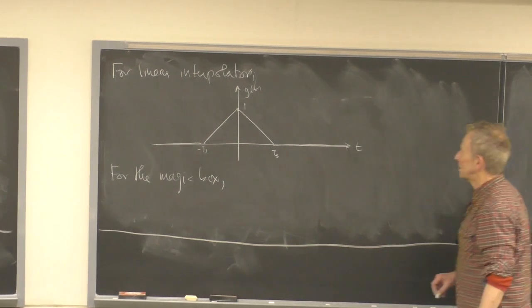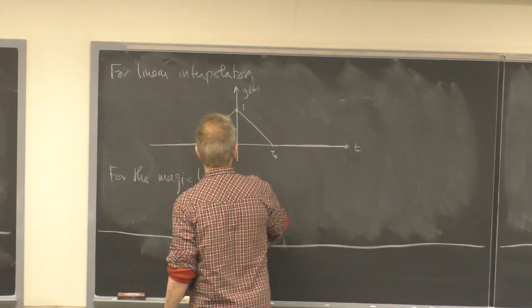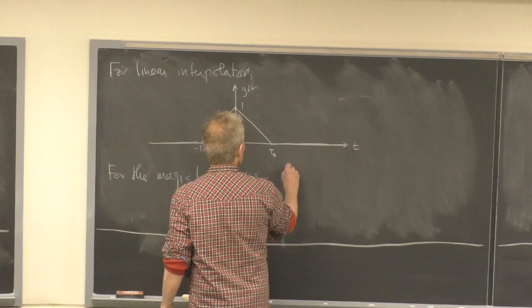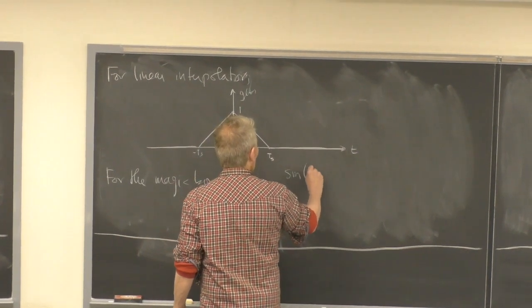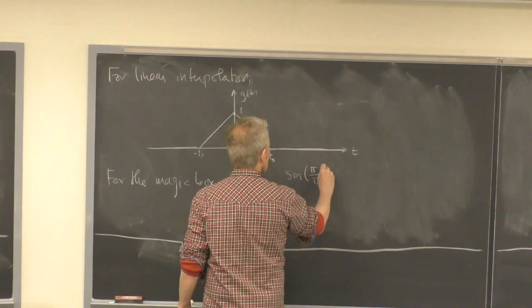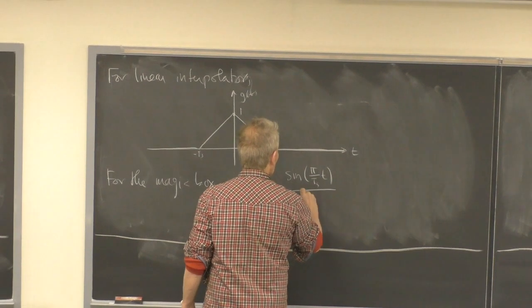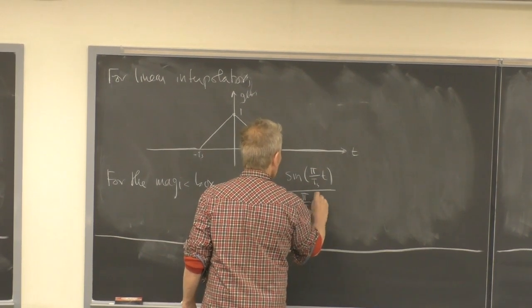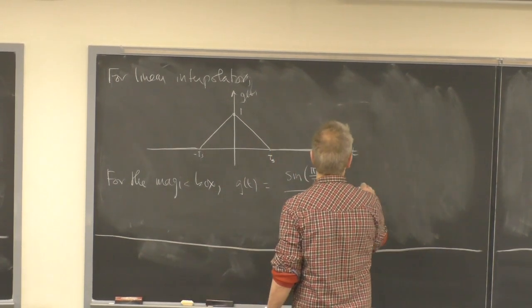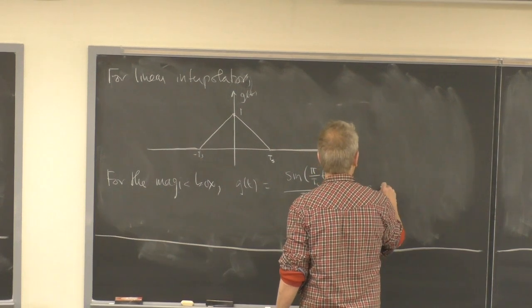It turns out that g of t equals sine of pi over Ts times t divided by pi over Ts times t, a sinc function.